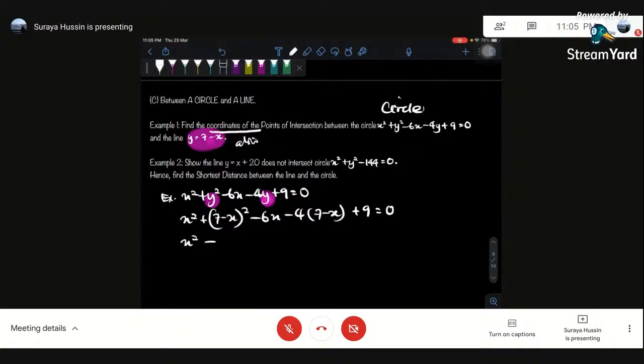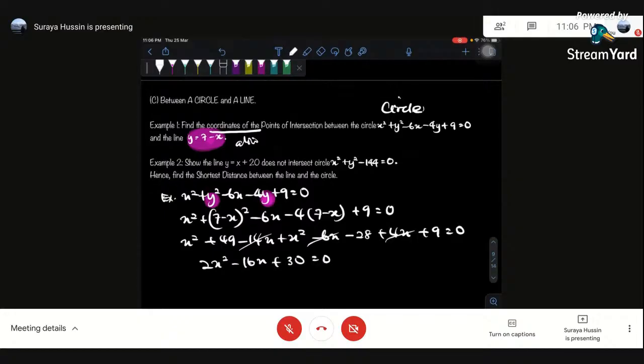So, x squared plus 49 minus 14x plus x squared minus 6x minus 28 minus 4x. No, plus 4x plus 9 is equals to 0. Therefore, you solve, you will get 2x squared. You will get minus 16x, and you will get plus 30 equals to 0. And you bahagikan dia, you akan dapat ini.